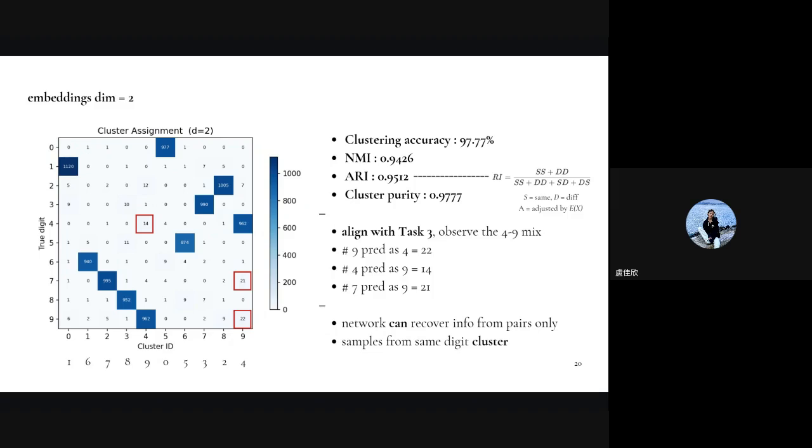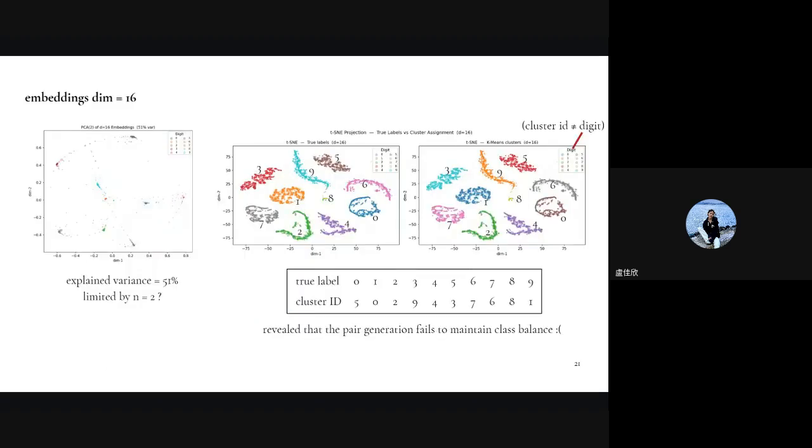Can you go to the next page, please? Nice. Okay. So on the left is principal component analysis, and on the right is t-SNE clustering. And I feel like it's pretty obvious that t-SNE performed better. The clusters are very separated, and when you correspond the true labels to the cluster IDs, you can see they're referring to the same digits, even though the randomly assigned colors are not the same.